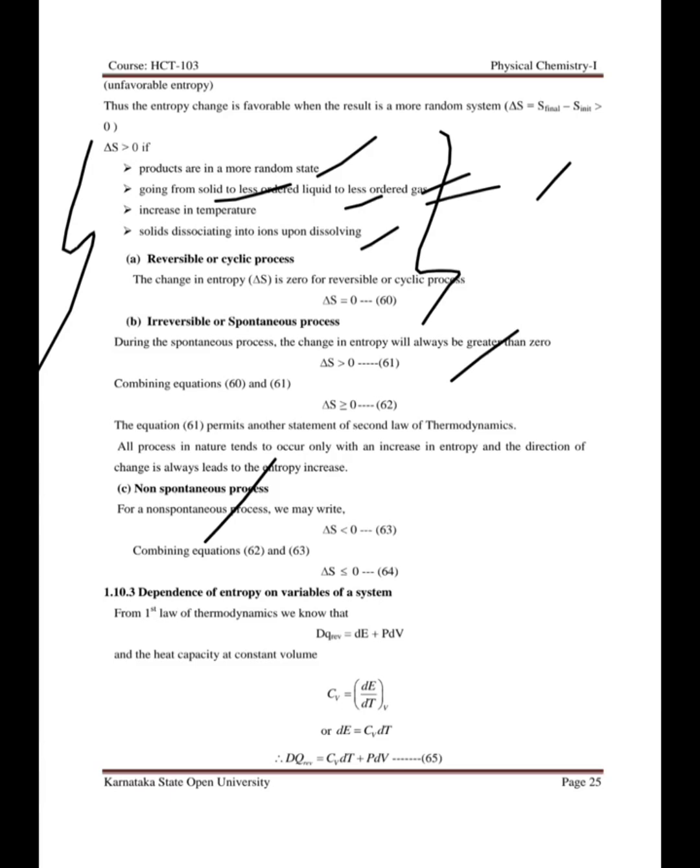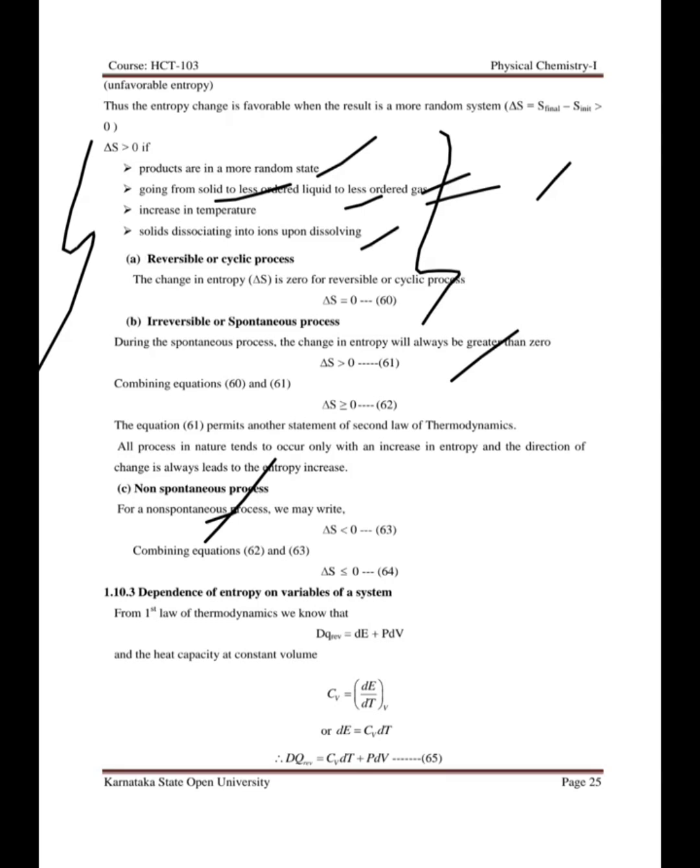And next is the non-spontaneous process, where delta S is less than zero. If no temperature is applied to a system, then it will be a non-spontaneous process, depending on the entropy of the variables of the system.